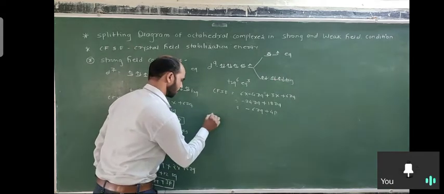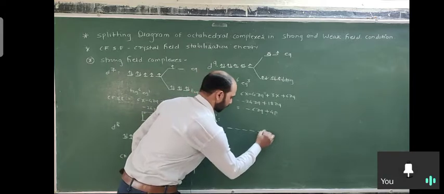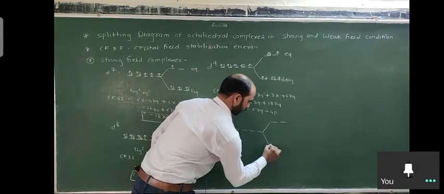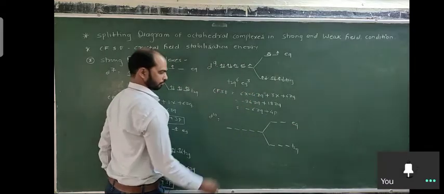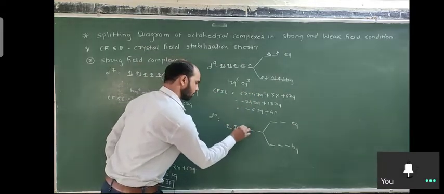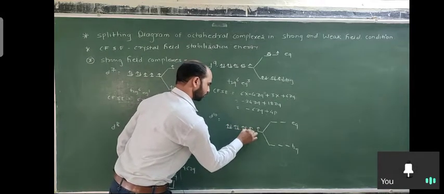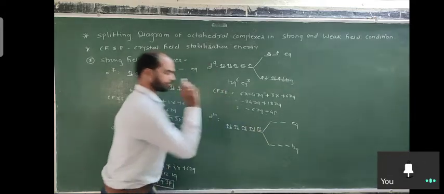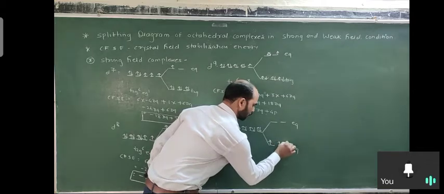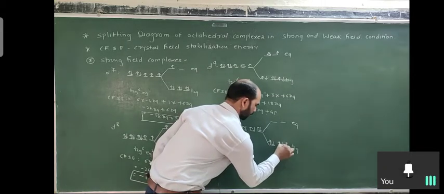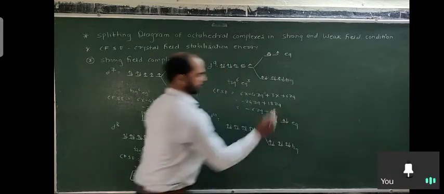Last one, D10. 1, 2, 3, 4, 5. So mention 10 electrons. Okay. So first 6 here, 1, 2, 3, 4, 5, 6, 7, 8, 9, 10.